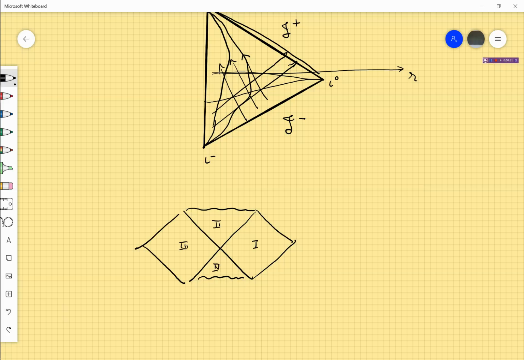The two singularities are at r equals 0. Here is where all outgoing light rays go to. This is scri plus, the future null infinity. This is where all ingoing light rays come from. This is scri minus. This is space-like infinity. This is the future time-like infinity and past time-like infinity.